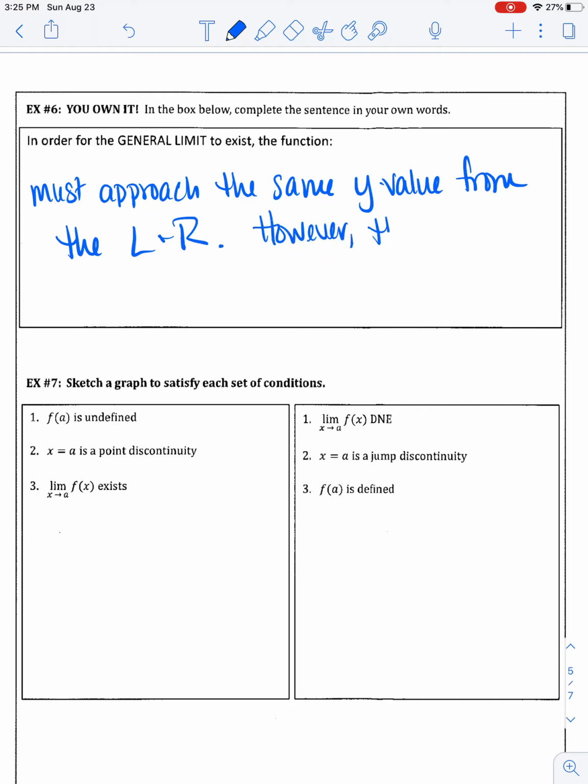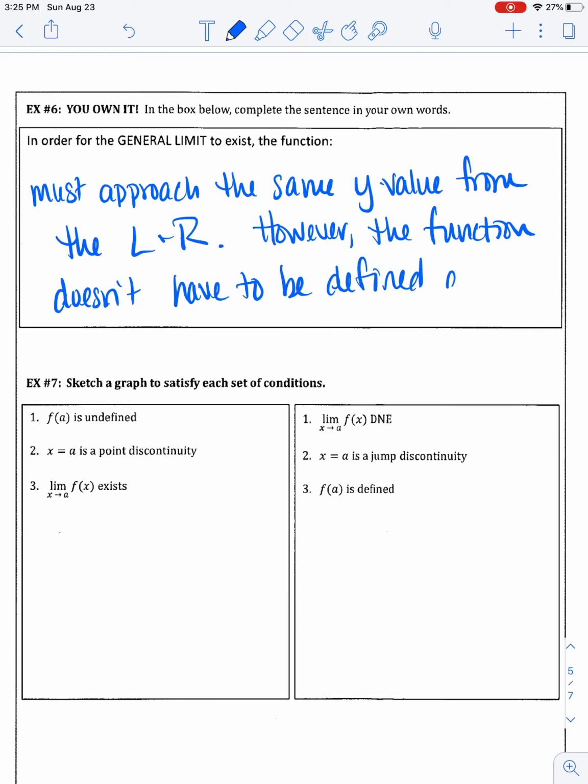However, the function does not have to be defined at this x value. So that last little part is just extra clarification. But for the general limit to exist, the limit from the right and the limit from the left have to be equal. They have to approach the same y value.